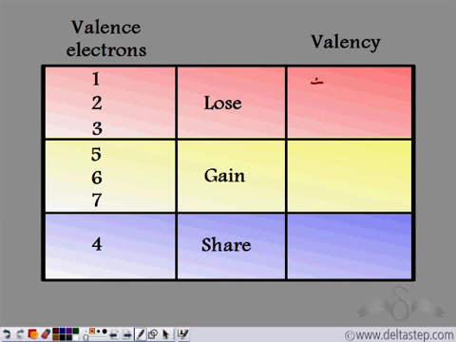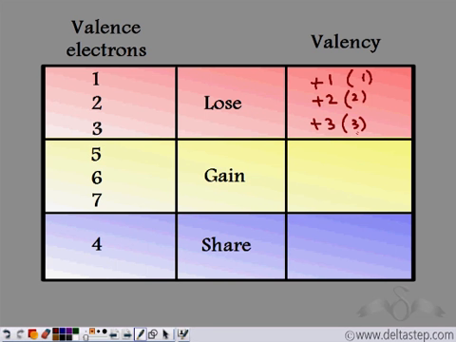So it has a valency plus 1, or it can also be written as simply 1. When an atom has 2 valence electrons, again it can easily lose these 2 electrons. So it has a valency plus 2 or simply 2. Similarly, when it has 3 valence electrons, it has a valency plus 3 or 3.